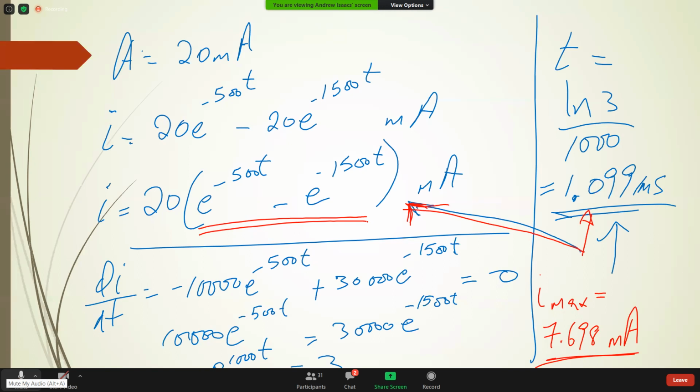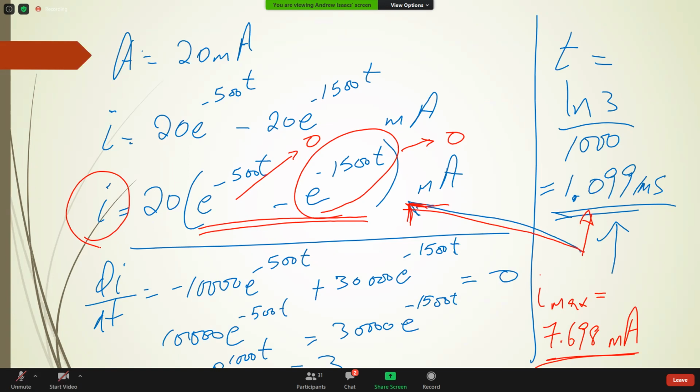E to the minus 1500, sir. So this one will be heading towards 0 much faster than this one, right? Agreed? So if this one gets smaller than this, what is it saying about the current? Would the current be positive or negative?